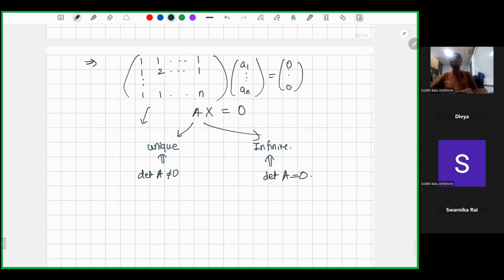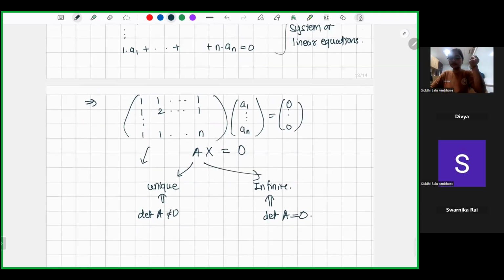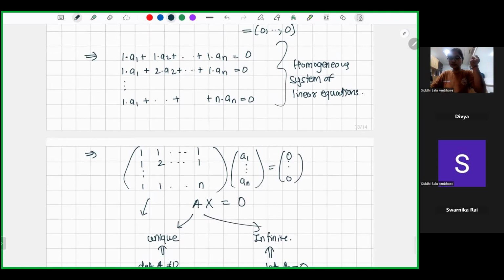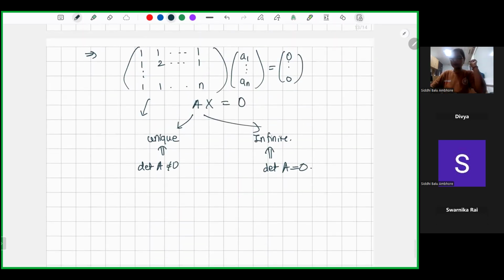So we have to check whether the determinant of this matrix is 0 or non-zero.